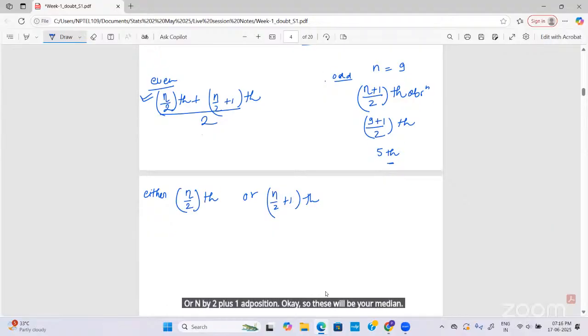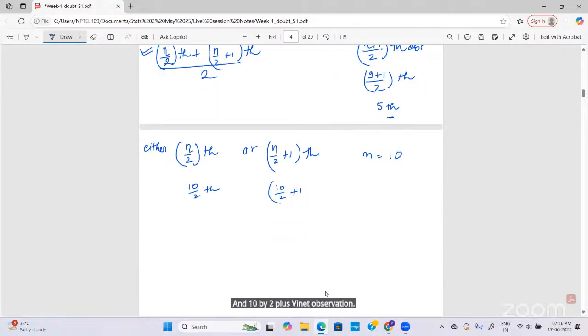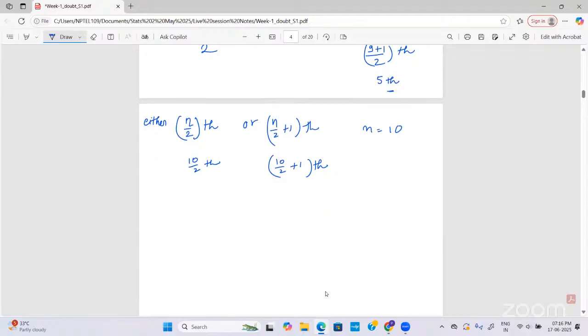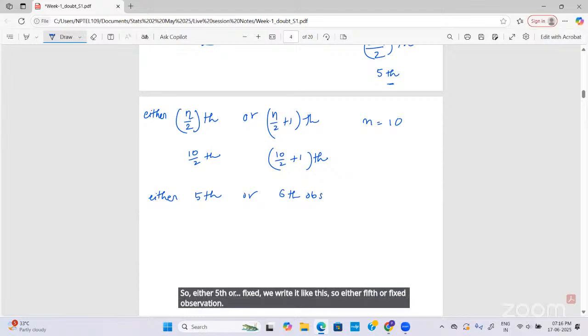Suppose your n is equal to 10. Then the 10 by 2th observation and the 10 by 2 plus 1th observation, which means the 5th or 6th observation, will be your median.